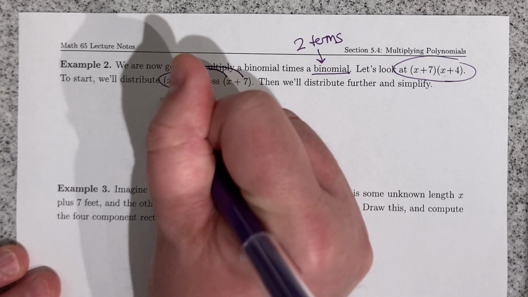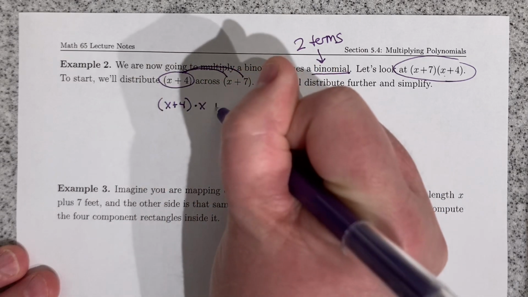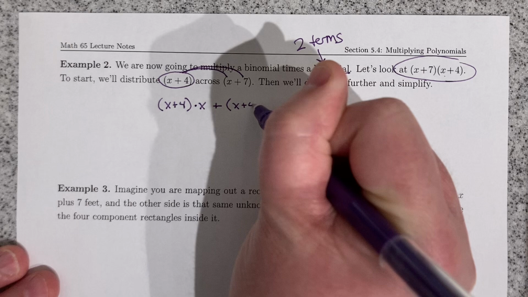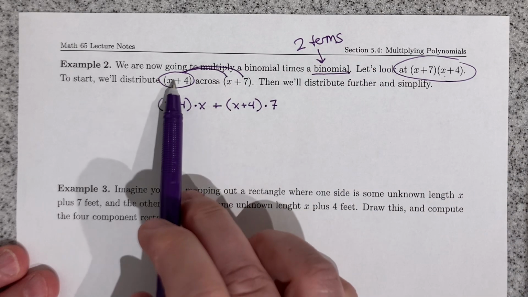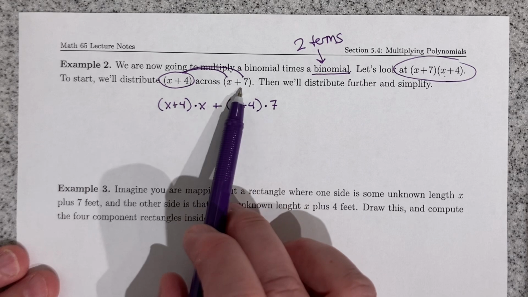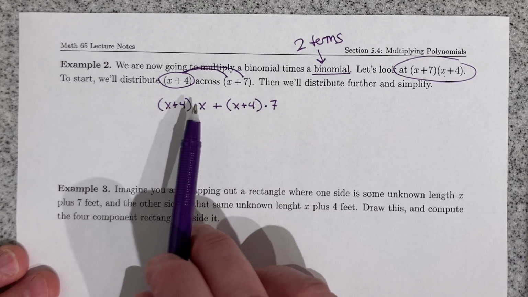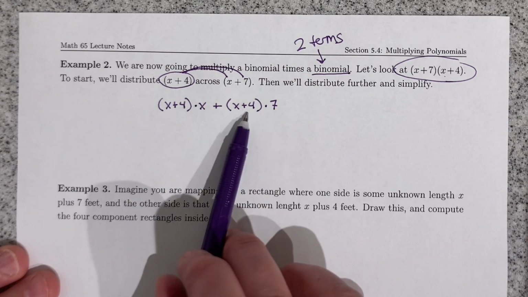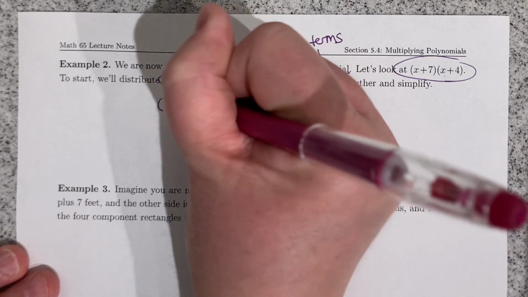So what that'll give is x plus 4 times x plus x plus 4 times 7. Hopefully we see what we're talking about there. All right, well, now this is a monomial and a binomial, so now we can do this other distribution.